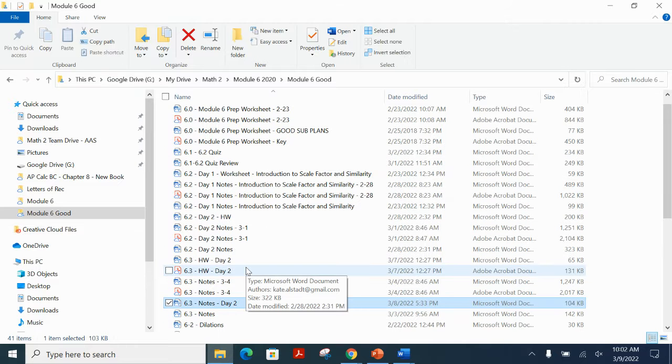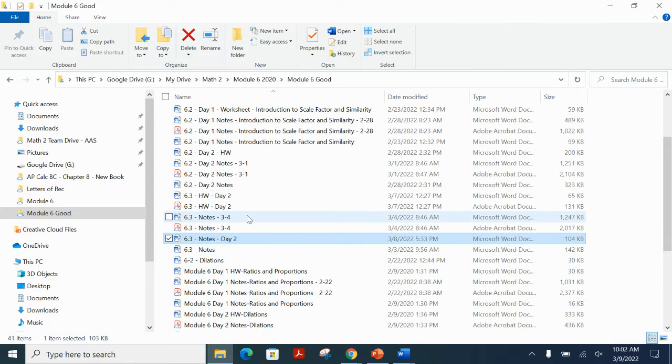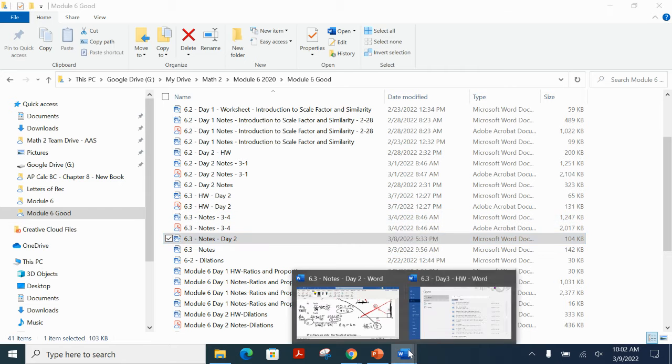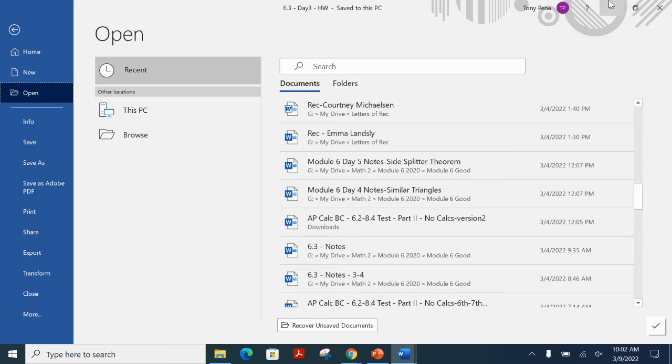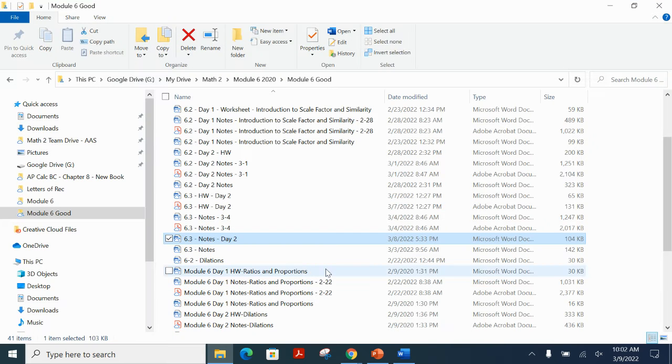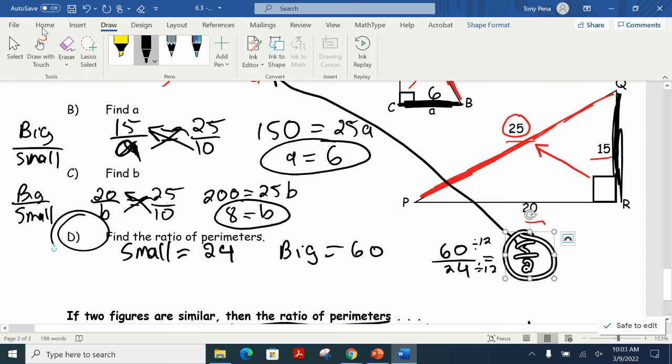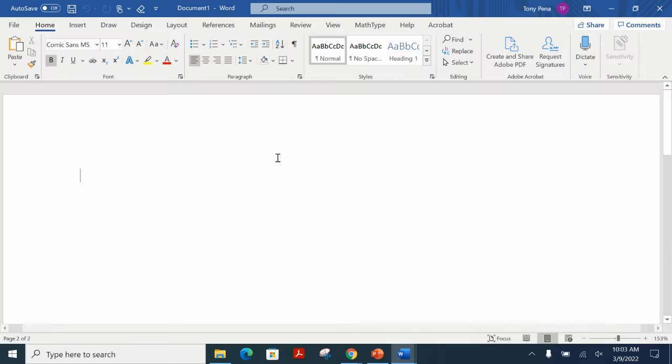And I can't even find it. 6.3 notes. 6.3 homework. Can I see that real quick? I know where I have it. Which one, Jada? 8. Which one? I don't know where I have it. It's gone. I guess I'll find it when I don't need it.